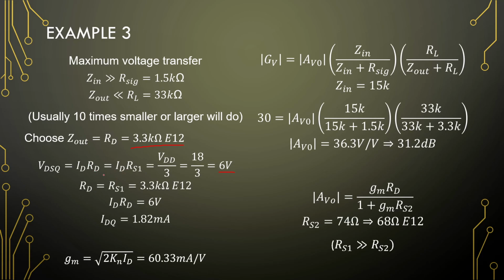So RD and RS should be the same value, it's 3.3 kilo ohms. And from this we can calculate our drain current at 1.82 milliamperes. Calculating our transconductance is 60.33 milliamperes per volt. That gives us a gain of about 200 in the end.